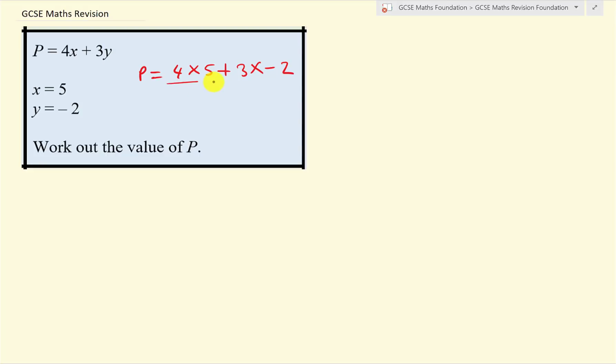Do BIDMAS, multiplication first. 4 times 5 is 20, and plus 3 times minus 2 is minus 6. 20 minus 6 is 14. Answer is 14. I mentioned in my last video that usually these questions are worth 2 marks, so 1 mark for just substituting the values in, and 1 mark for finding your answer.